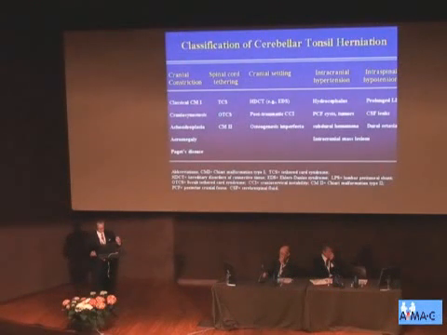So, in a tentative way, in our attempt to better understand the different causes, the mechanisms of cerebellar tonsil herniation, we are delicately moving into 5 different potential mechanisms for downward descent of the cerebellum.